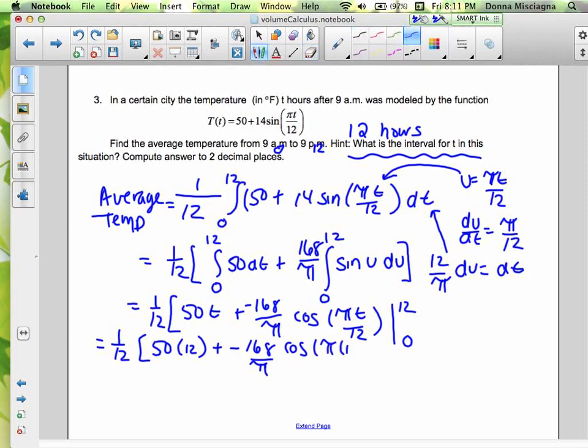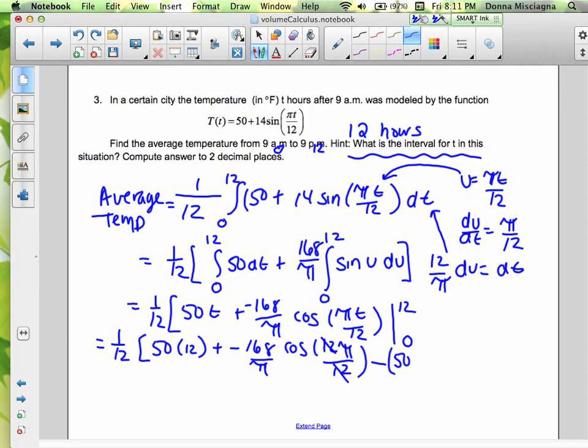Pi times 12, that's pi t over 12, so 12 pi divided by 12. Well, that's just pi, right? And then we have to subtract, because this is already a long enough problem.